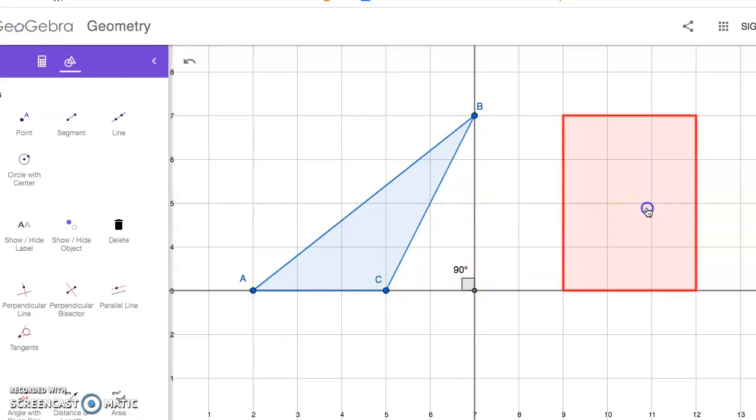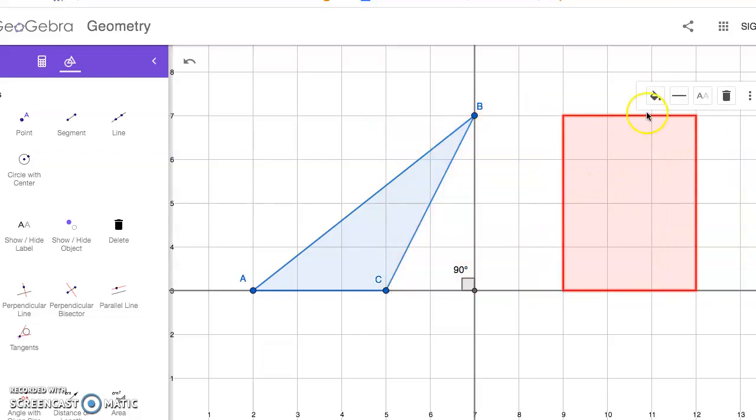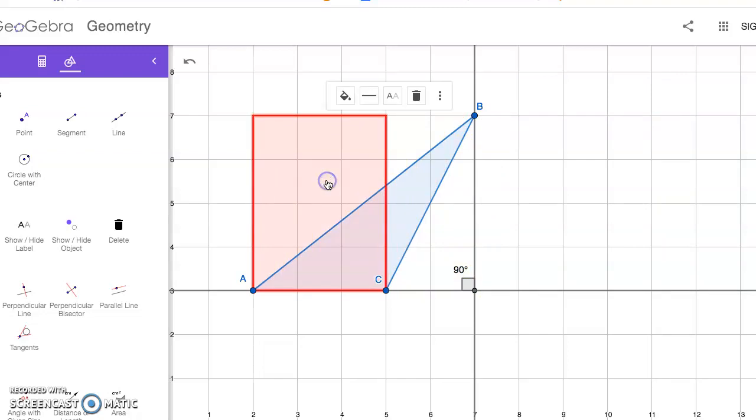In this case, if I were to just drag this rectangle over, which is again the same size as our previous example, it's 3 by 4, and this triangle, with a base of 3 and a height of 4, should have the same area as our previous examples. But it's a lot trickier to see that this triangle is exactly half of that rectangle.